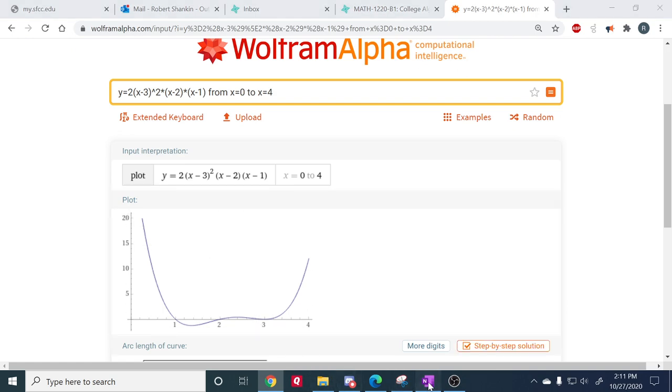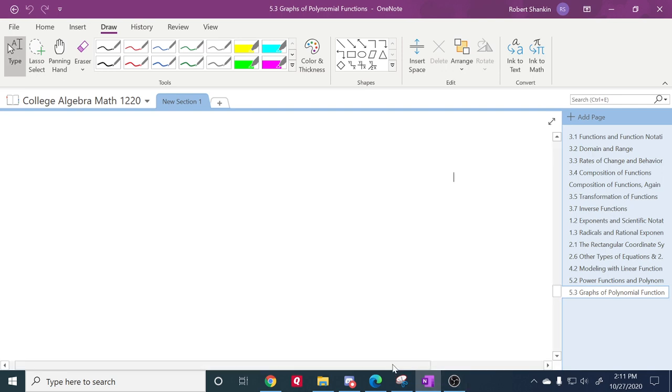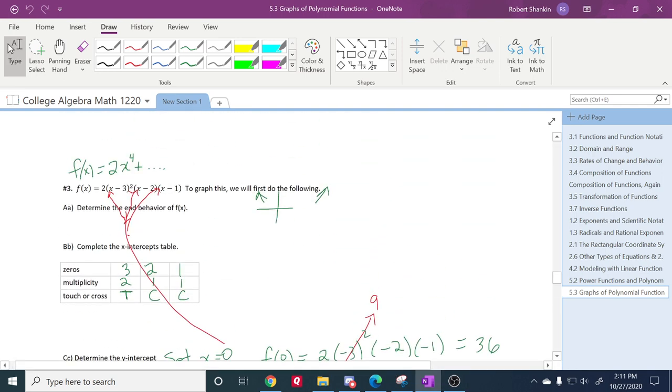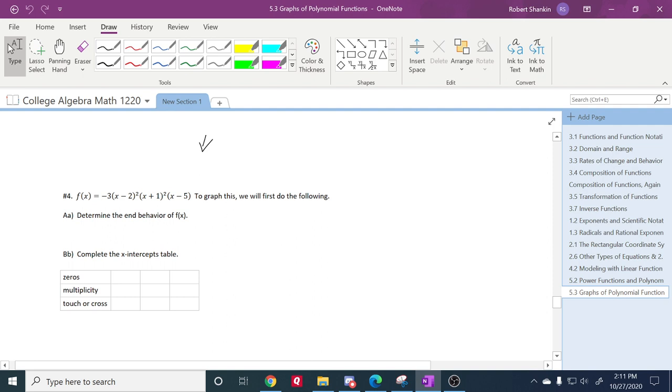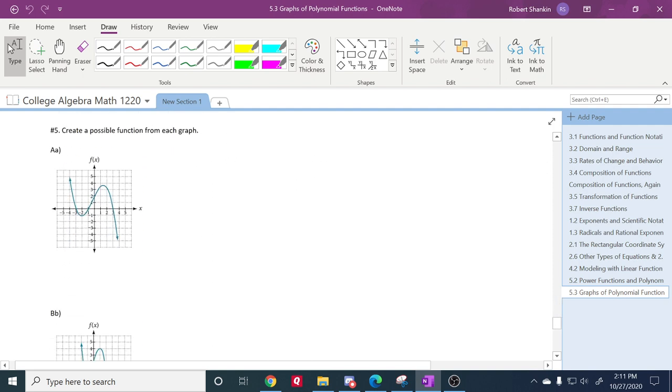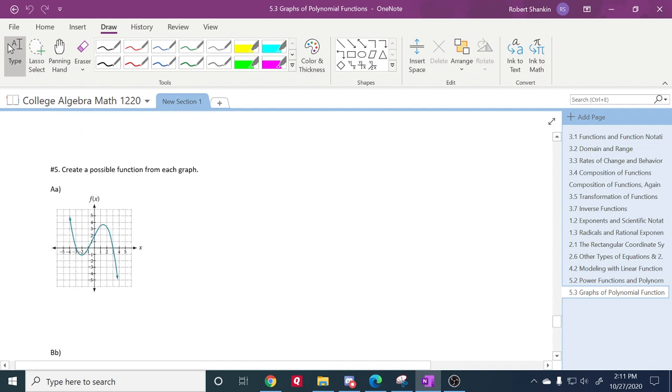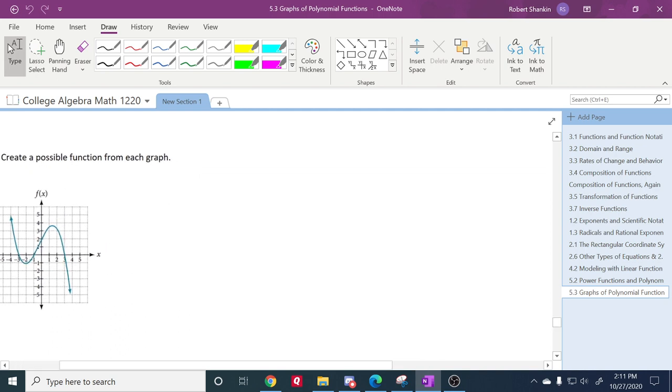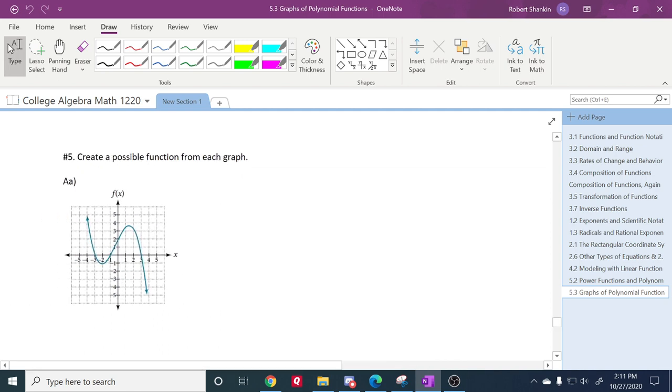All right, now let's go to another type of problem. Number 5. We're going to create a possible function from the graph. I'm going to look at this and say, x-intercepts.